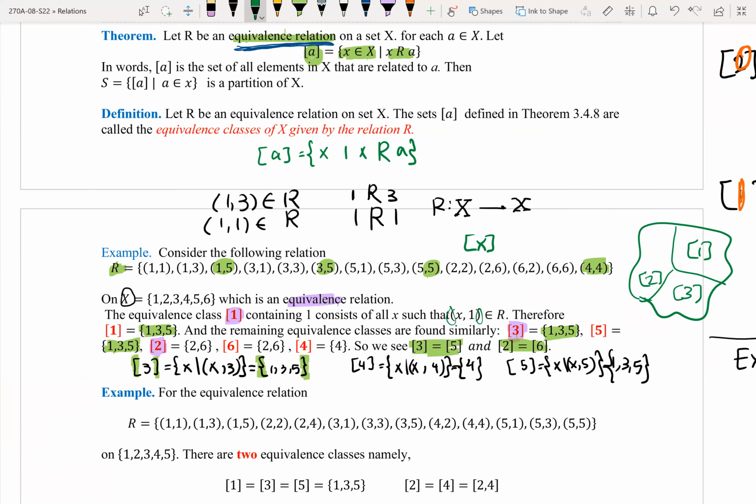Is there any intersection between the class of 3 and 2? No. Any intersection between the class of 1 and 2? No. Any intersection between the class of 1 and 3? Yes. They are the same.